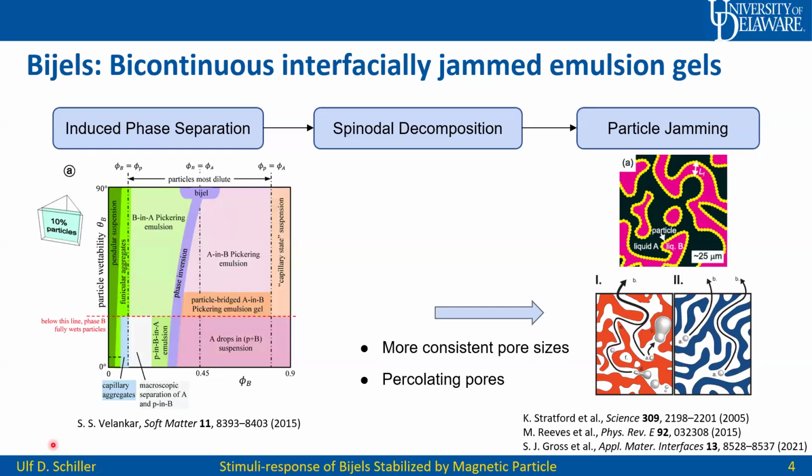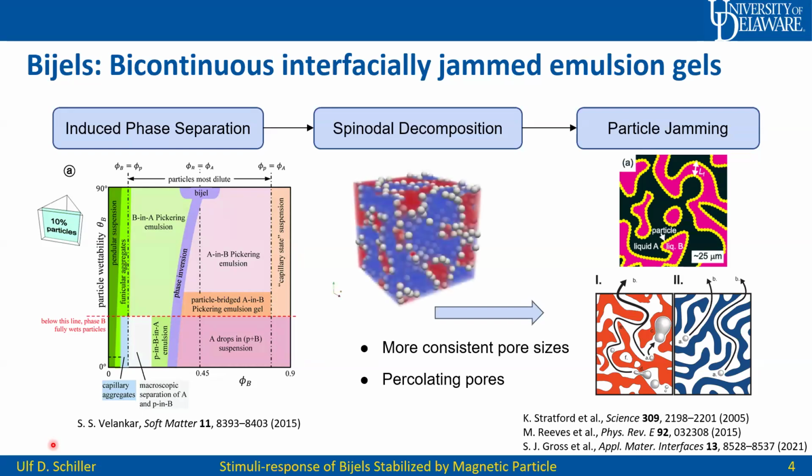So you have these large interfaces forming that then start collecting the particles, and at some point the particles jam and arrest that structure. The phase diagram is fairly narrow where you can get the bigels, so experimentally it's a little bit challenging to get to those, and I'll come back to that in a little bit.